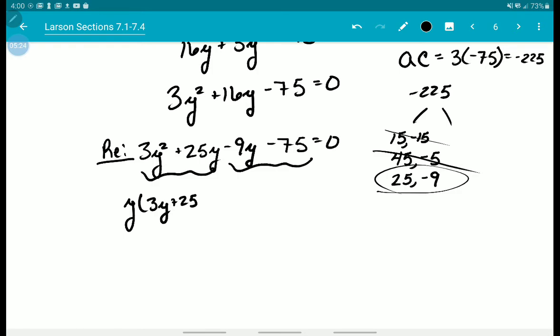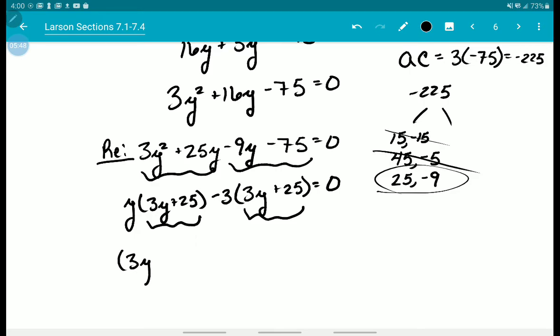And if we group those last two terms together, we could factor out a negative 3. And that gives us a 3y plus 25 in the parentheses. Remember, you have to factor something out so that you have the same thing in both of these terms in the parentheses. And now we can pull out that 3y plus 25. And the leftovers are the y minus 3.